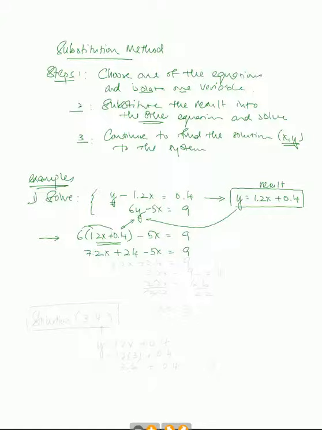If you combine like terms, 7.2x minus 5x is 2.2x plus 2.4 equal 9. So 2.2x is equals to 9 minus 2.4, which means 2.2x is equal to 6.6. So if we divide both sides by 2.2, what's going to happen is x equals 3.